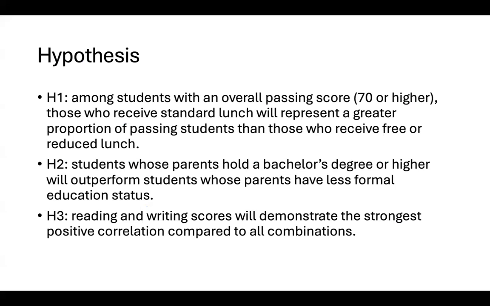Two, students whose parents hold a bachelor's degree or a higher degree will perform better than students whose parents hold a lesser formal education status. And three, reading and writing scores will demonstrate the strongest positive correlation on a graph compared to all combinations.